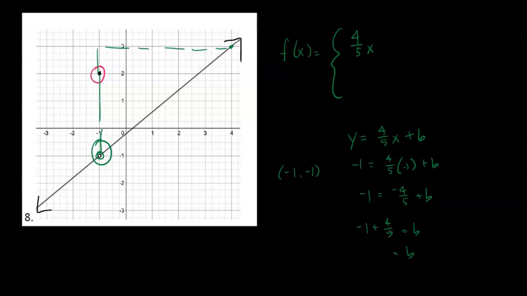So b equals -1/5. So -1/5. Okay. And how do we represent that? Well, it equals everything, all real numbers, except one x. It cannot be -1.